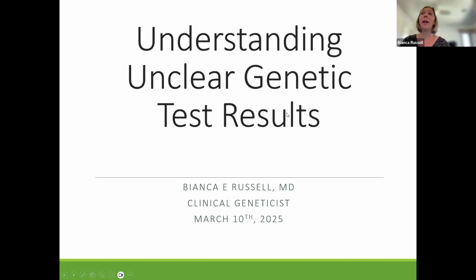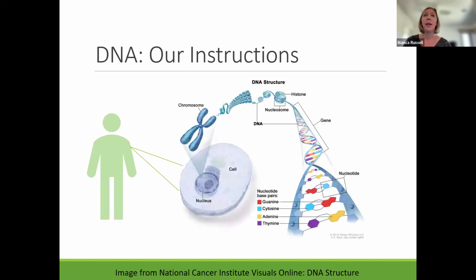So we're going to start by just zooming all the way out to the basics and talking about DNA. So DNA is our instructions, and I like to think of it as multiple volumes of a DNA instruction book that tells our body how to do everything it does.